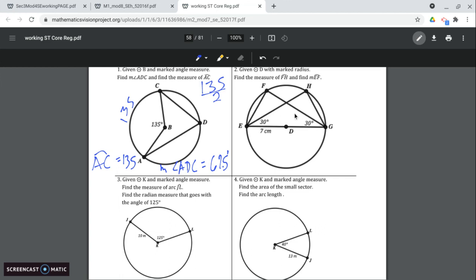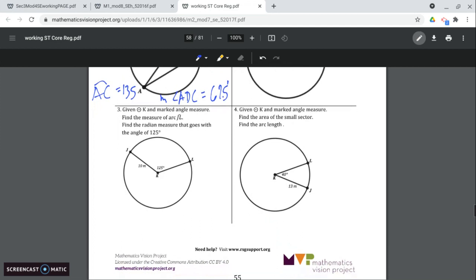Note, I have this angle here, that's the intercepted angle, so double it, and this will be 60 degrees. Then you can solve for the one over here, and then solve for the one up top. All right, the ones down below here.